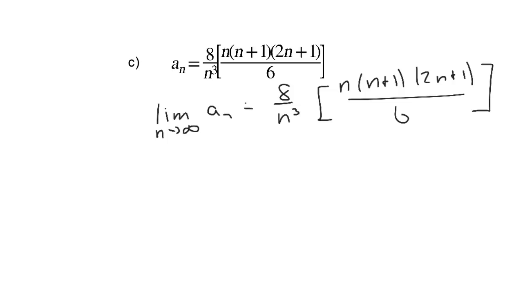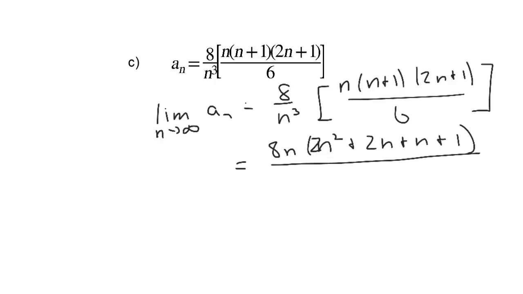And we're going to, first of all, before we get into rationalizing this, we're going to simplify. And we're going to say, well, we're going to multiply this through. 8 times 8n times n, 2n squared plus 2n plus n plus 1 all over 6n cubed.